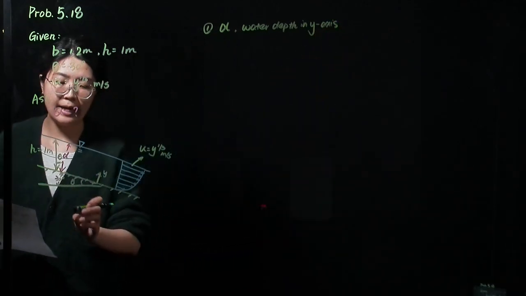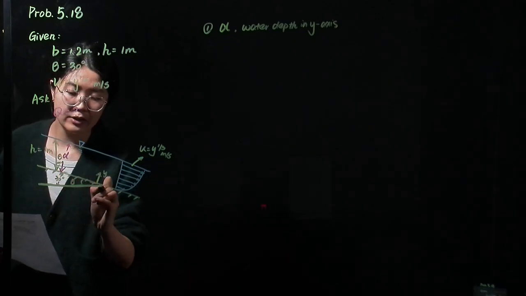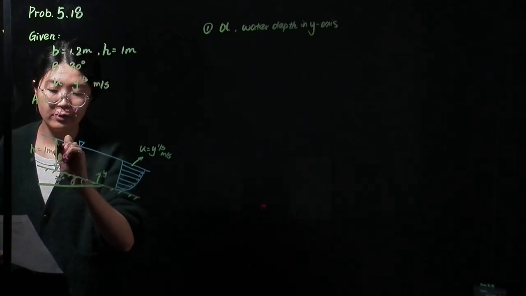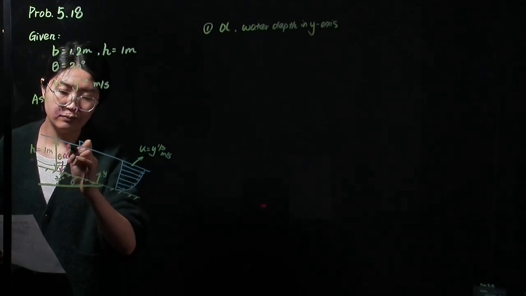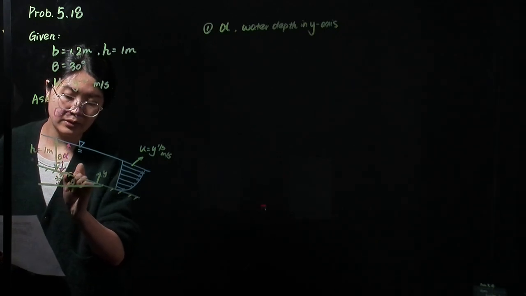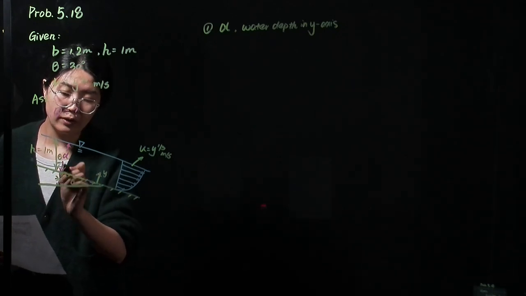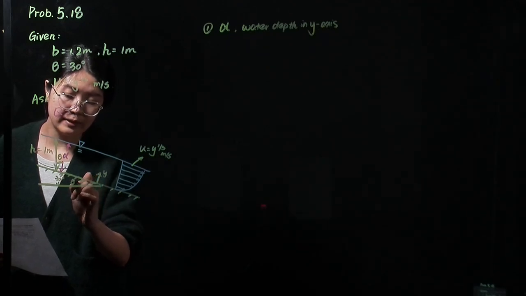Because we know the angle here is 30 degrees, this line is perpendicular to the vertical line. And the line of the depth, the D here, is perpendicular to this line. Therefore, these two angles should be the same.